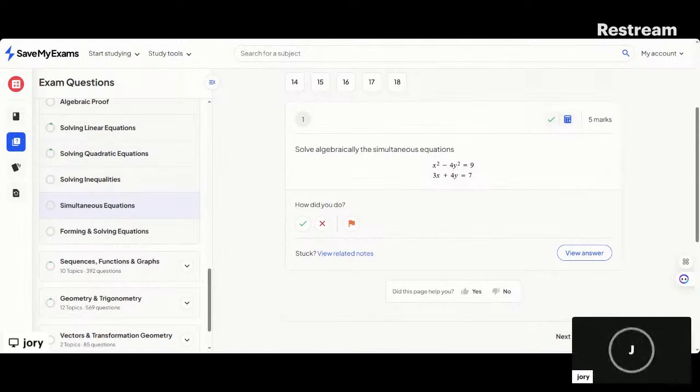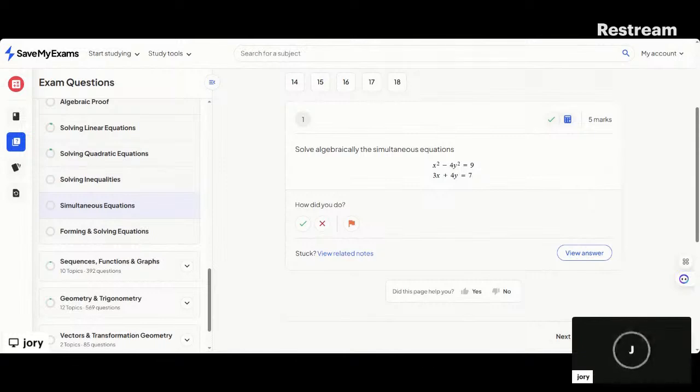Is 36 divisible by 16? No, it is not. But we can simplify and make it 4. Okay, I think I'm simplifying. 168 divided by 16.